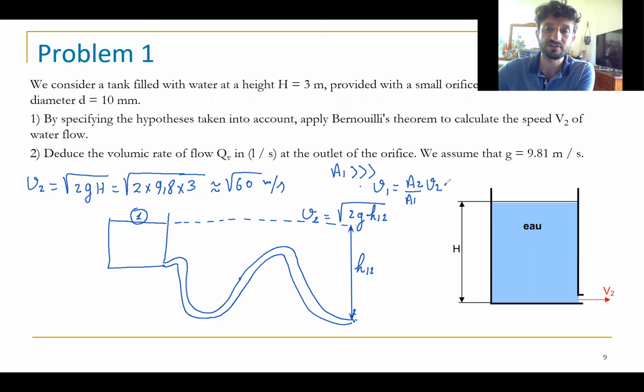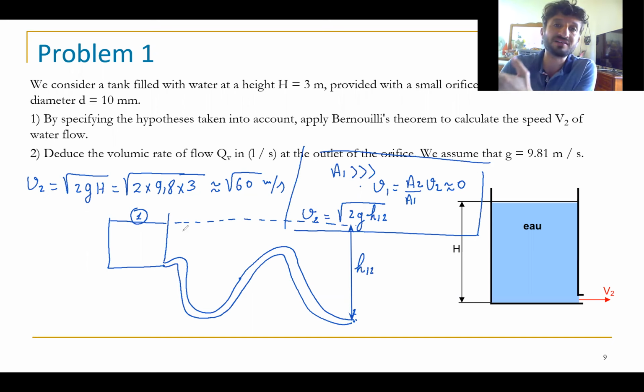In this case, V1 equals 0. For any problem, you can write this result directly without writing the Bernoulli equation and all these calculations.